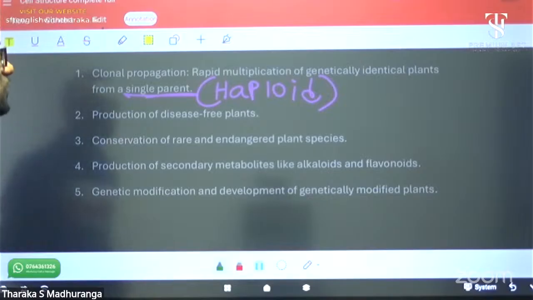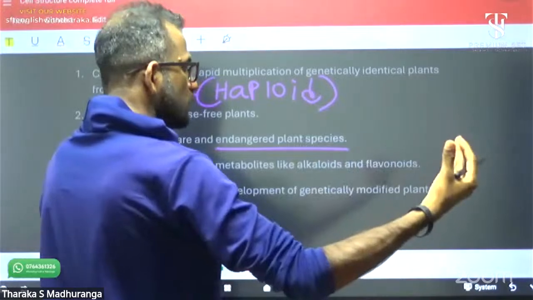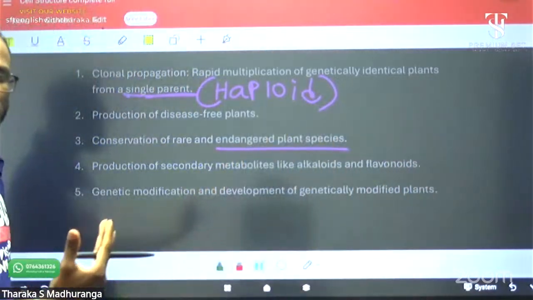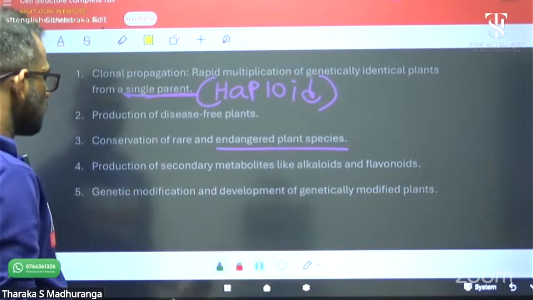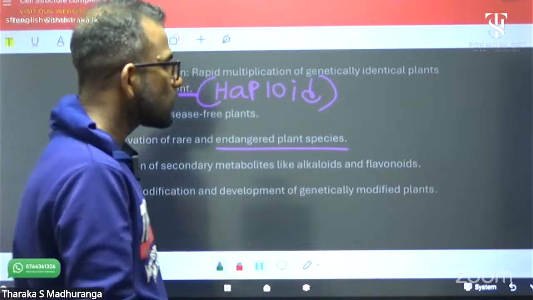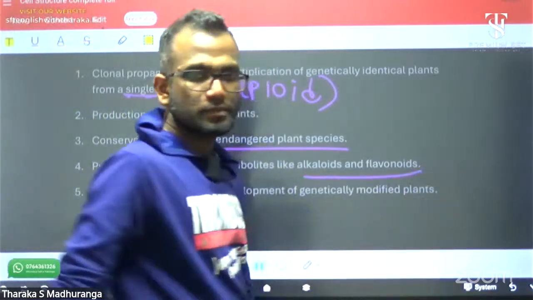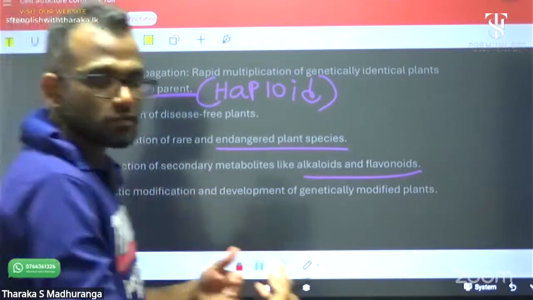And conservation of rare plants; this method is very important. Also the production of secondary metabolites like alkaloids and flavonoids, and genetic modification can be done with tissue culture.